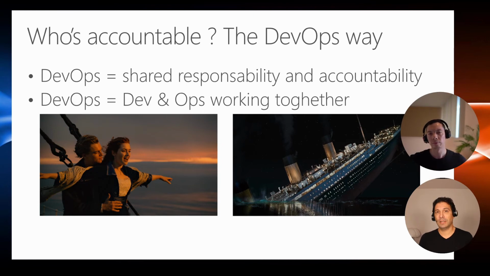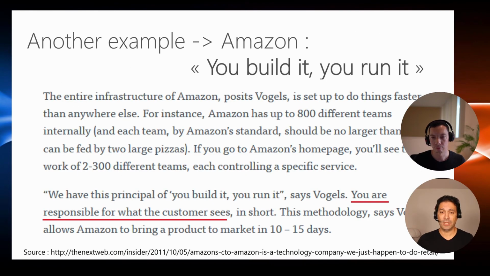When everything is running well, the application is good, performance is good, customers are happy, you are the king of the world, and both the dev and the ops are the same team. But when there is an issue, everybody is in the same boat. The boat is sinking and every member of the team is implied if there is a problem. So no finger pointing in that case.